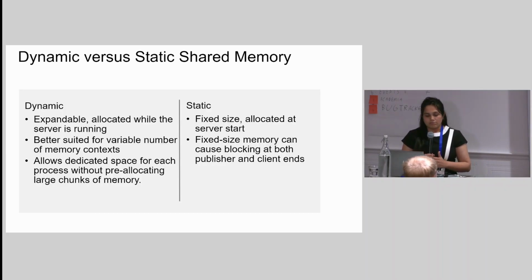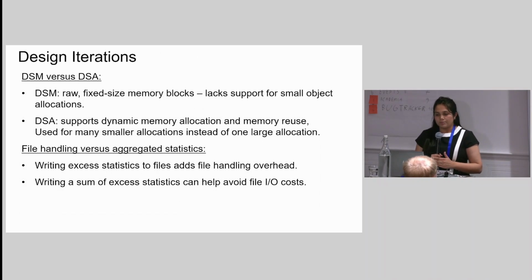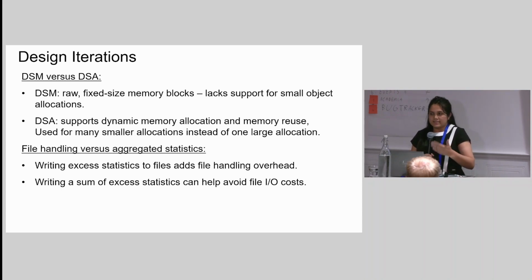Another design concern was, since these statistics can grow to a really large value, there has to be a limit on what we can store, or the excess statistics have to be handled in some way. These excess statistics could be handled using a file, but that would involve file handling overhead and add I/O costs.